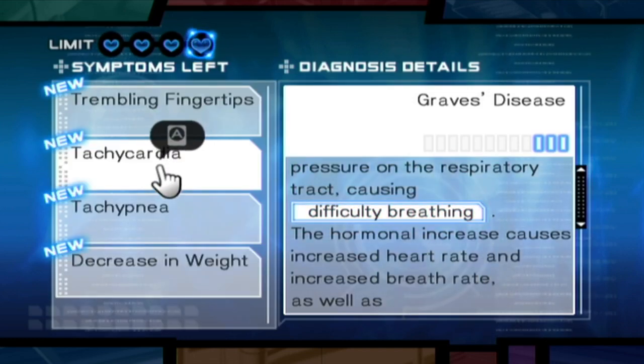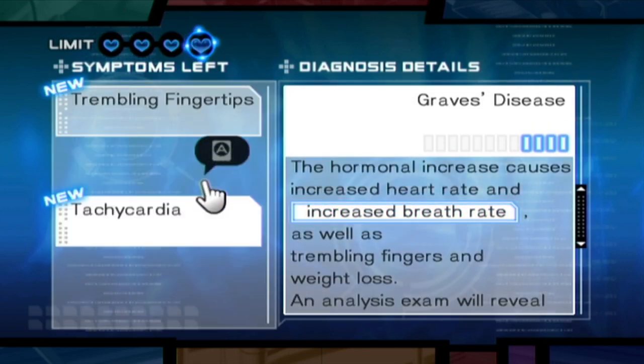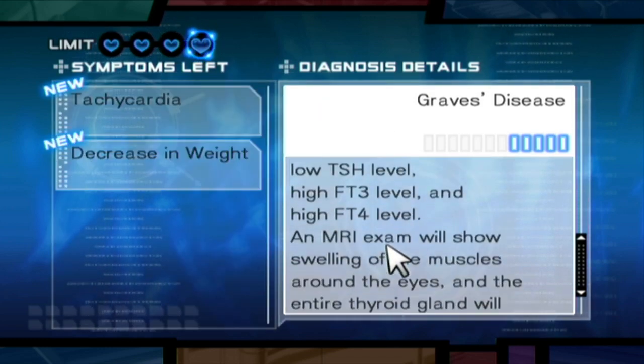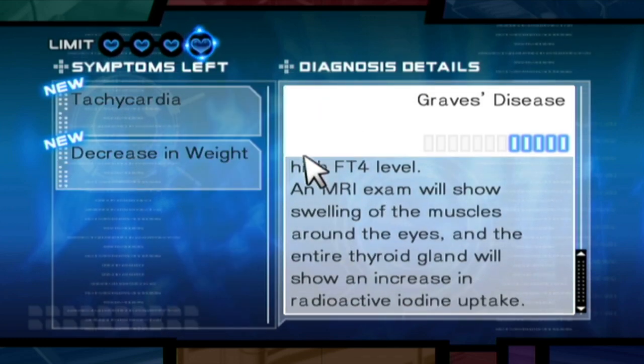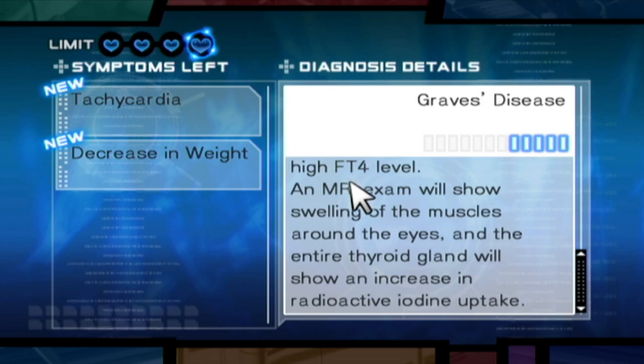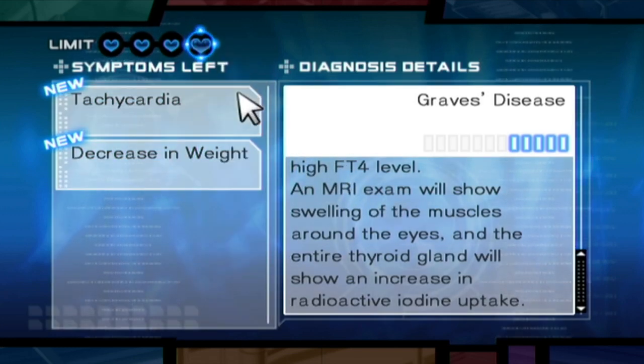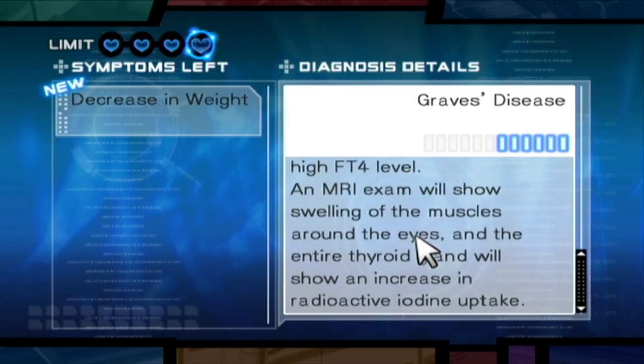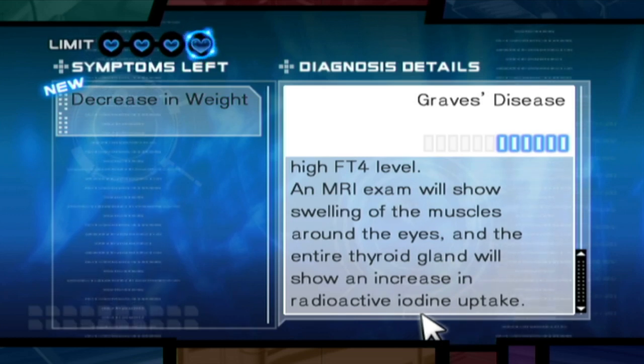Difficulty breathing will count both of those then. That will have trembling fingers, as it said down there. Swelling in the muscles around the eyes and the thyroid gland will show an increase in radioactive iodine. Don't see any weight loss though.